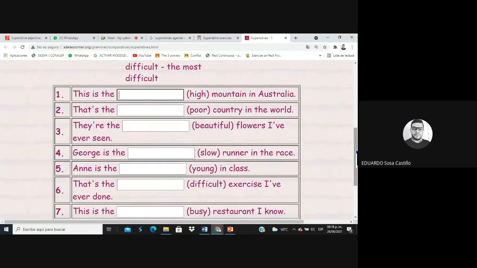Okay. Is the highest amount in Australia? Yeah, highest. Come on. That's the poorest country in the world. They are the most beautiful flowers I've seen.